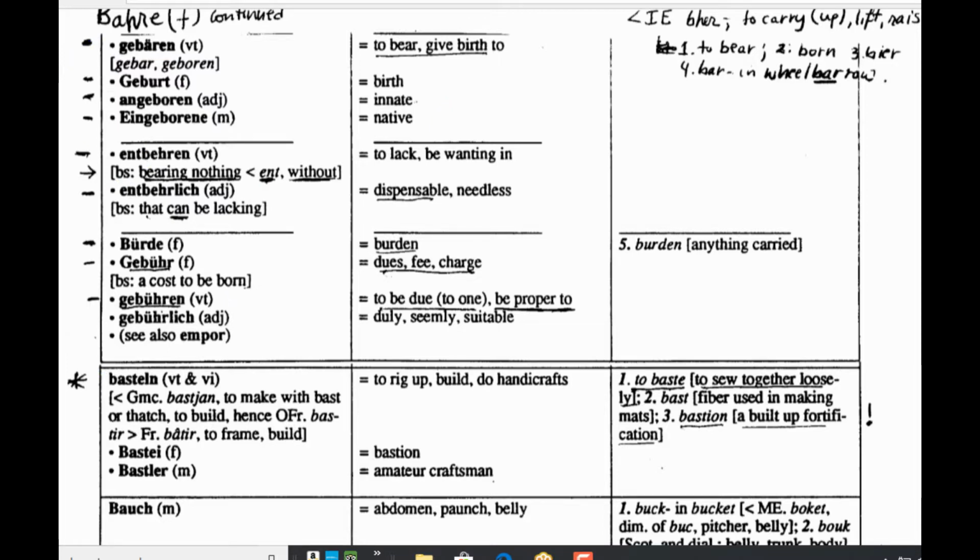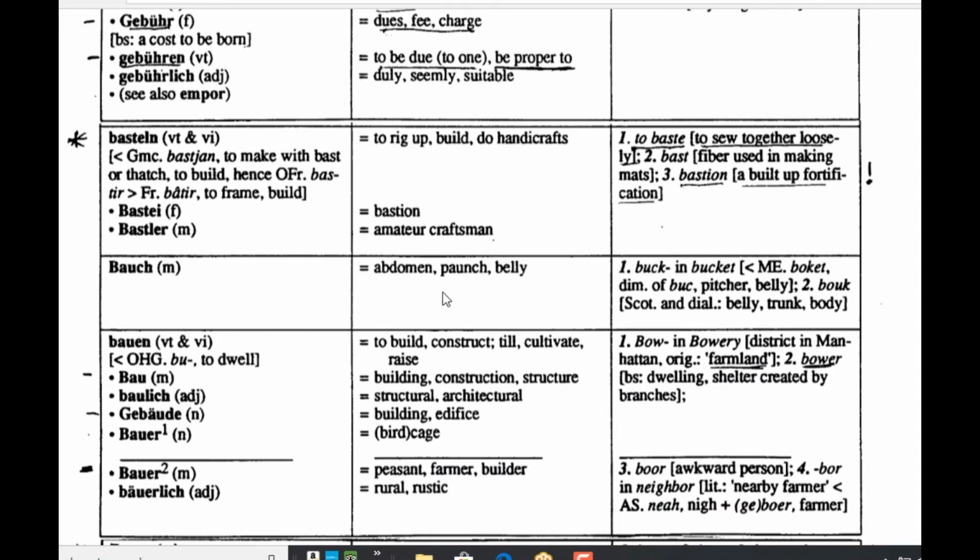Okay, going down to basteln, and I think, didn't you say that bastion is the closest word that you would think of? Yes, I didn't immediately note the other ones because they're a little more specific to either sewing or crafting of things.